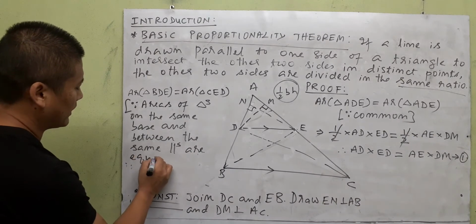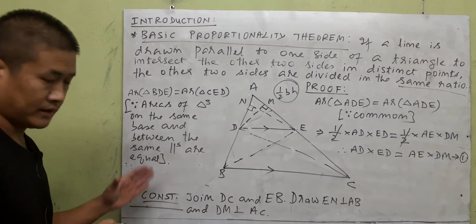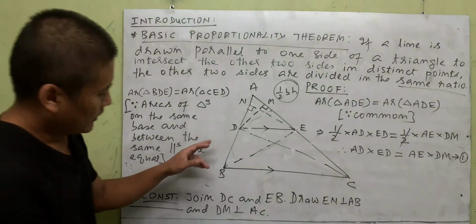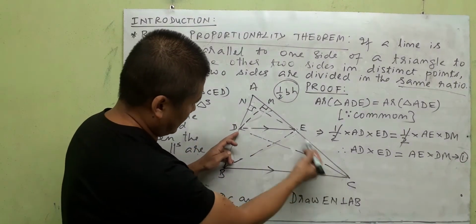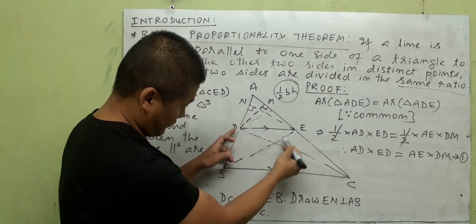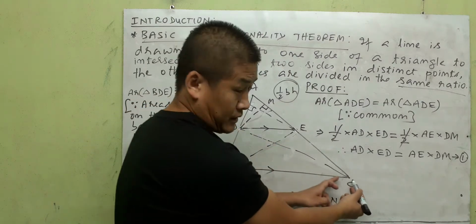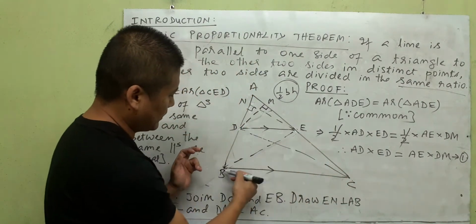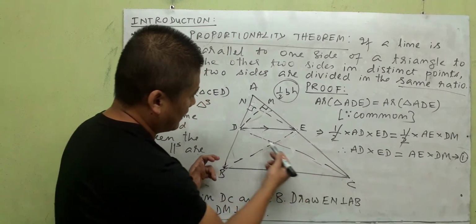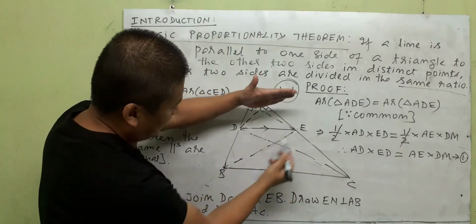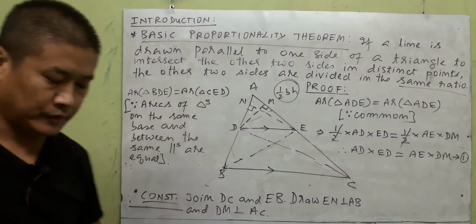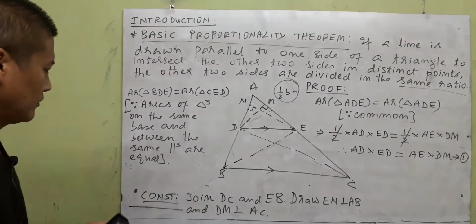Their areas will be equal if the two triangles are on the same base and between the same parallels. Now look here, this triangle DBE and CED are on the same base. They have a common base. Same base means DE is the base of this triangle, also the base of this triangle, and both these triangles BDE and CED are between the same two parallel lines, DE parallel to BC, we were given, right? That is why their areas are equal. This is a theorem that we did in class 9 also.